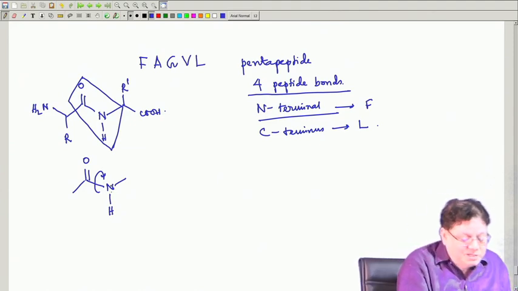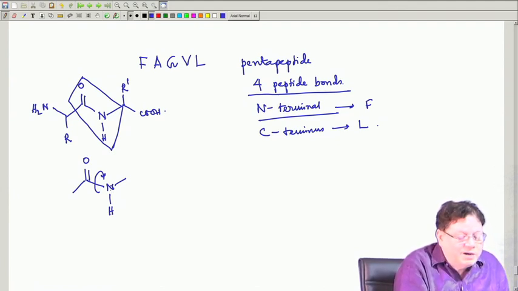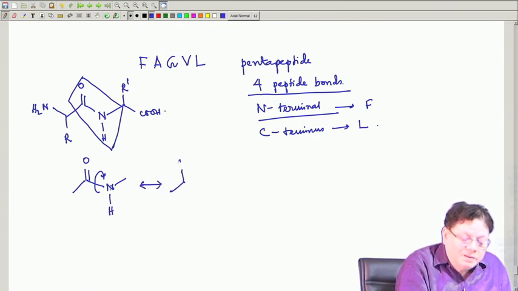The answer to the second question is that this carbon nitrogen bond has sufficient double bond character because of the existence of resonance taking place here. What is resonance?